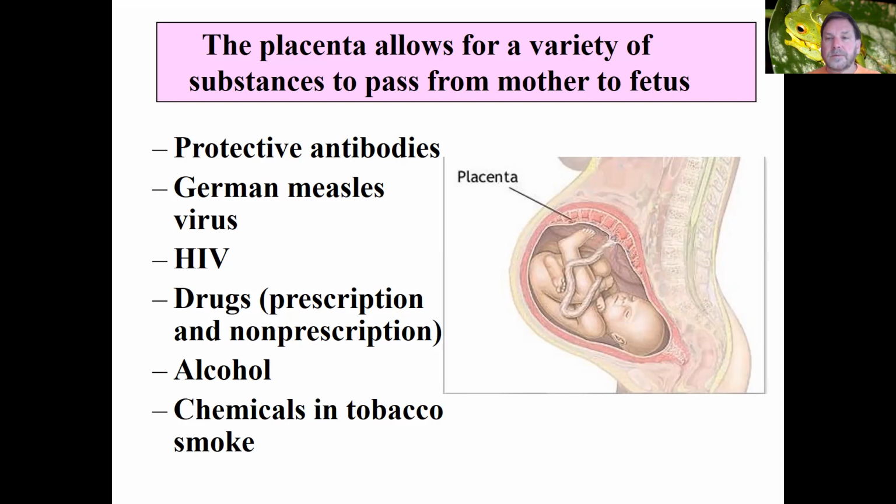Chemicals, smoking. So when females are pregnant, especially when they first discover they're pregnant in the first trimester, it's very important to restrict these things that you do not want to pass into the fetal bloodstream, because it can negatively affect the fetus. And that's in the first trimester when most of the important development occurs.